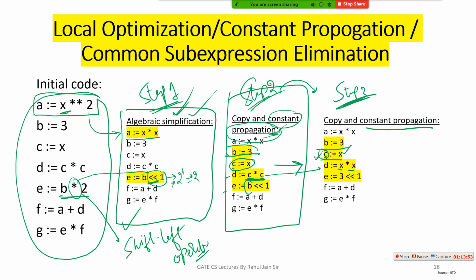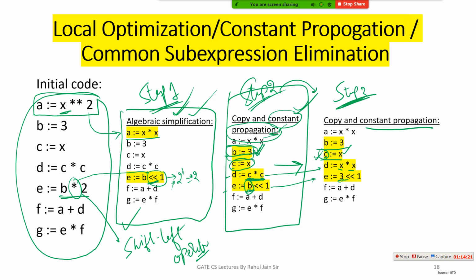And here b was there, so in the place of this b, I replace this b with the value of b. What is the value of b? 3. So I replaced this b with the value of b here, that is 3. So it is called constant propagation. Whenever we are playing with the constants and replacing the variable's value or the constant's value in the next transition, that is, b equals to 3 was there, and on the right hand side b was there.